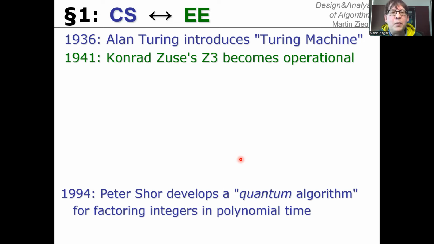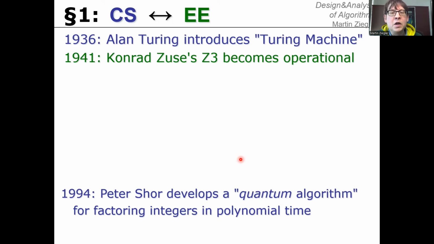Now, at that time, there were no quantum computers at all, in 1994.